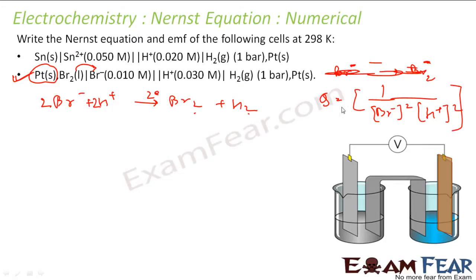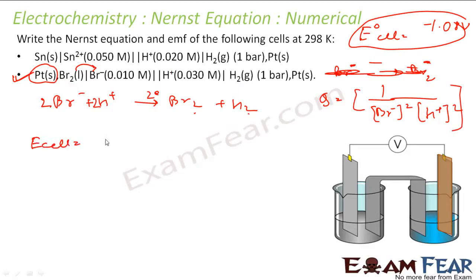Right? E naught cell you can find actually. It is nothing but E naught of hydrogen minus E naught of bromine, right? And that you will get as minus 1.08 volt. For this reaction, we use the same formula. Nernst equation is nothing but E cell is E naught cell minus 0.0591 by n log of Q, because it's happening at 298 Kelvin.